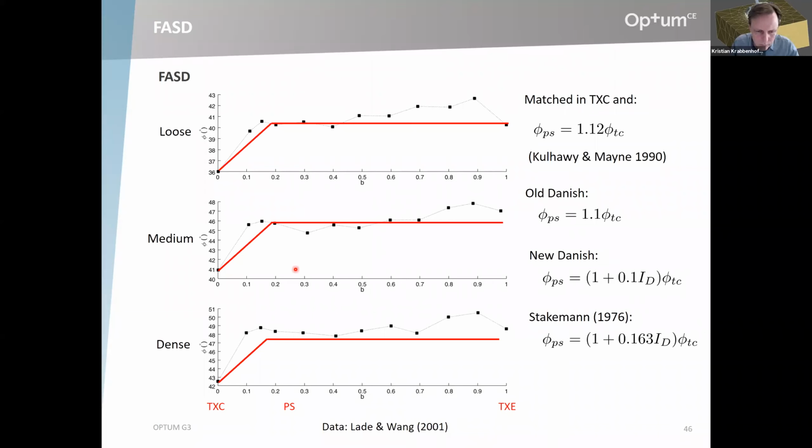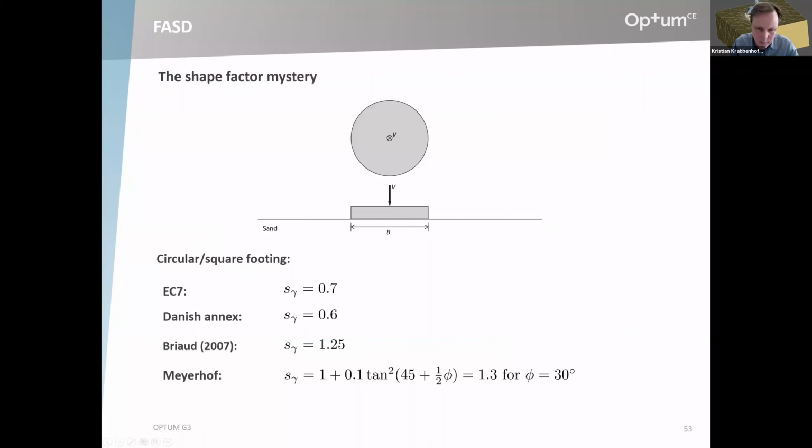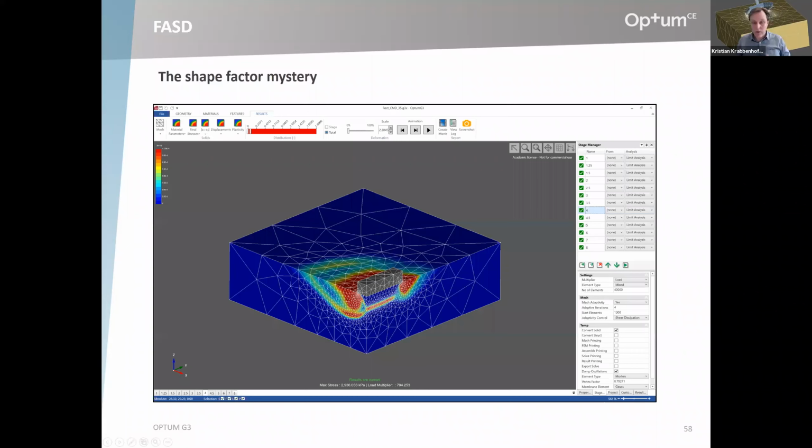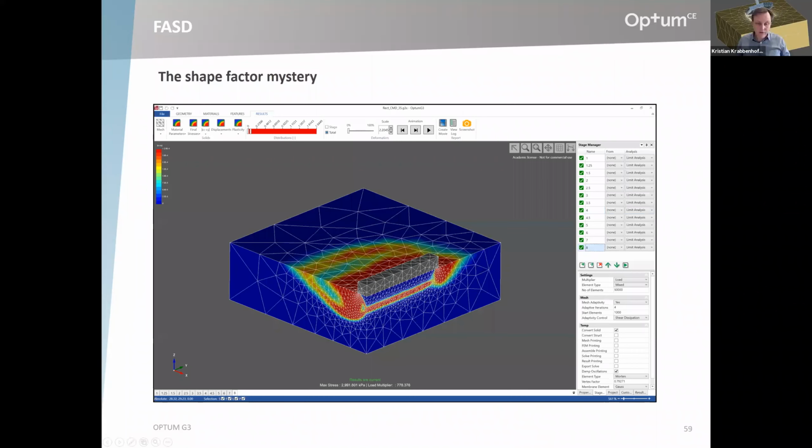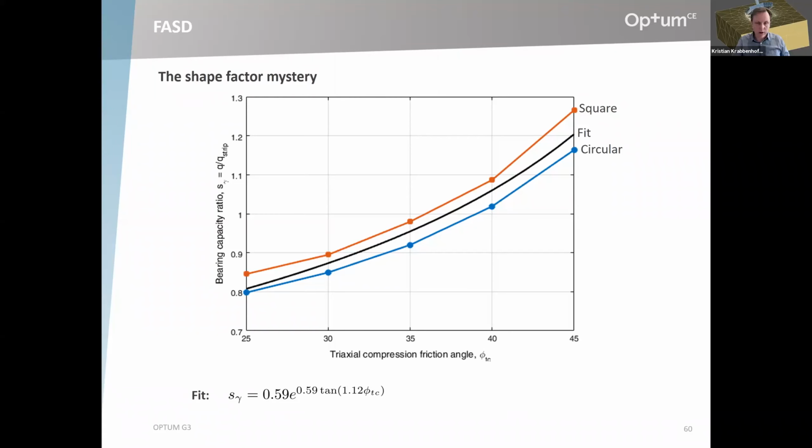So that's sort of what I can say about that. The last graph, yes, those results were obtained with the FASD model. These ones there for the shape factor for circular and square foundations were obtained with the FASD model using this factor of 1.12, which is what I used throughout here.